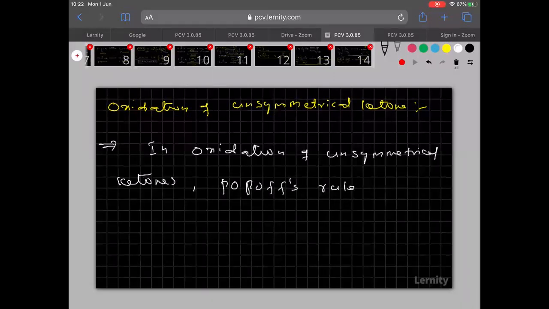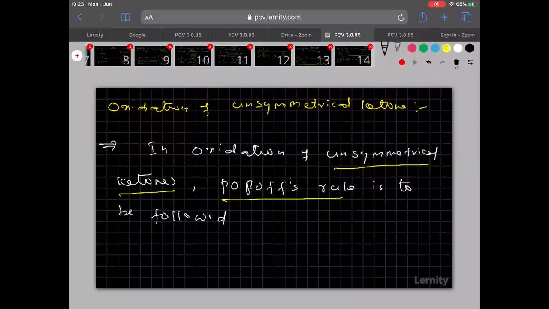Popov is a scientist who proposed one rule. Popov's rule is to be followed. Clear everyone? So what is that rule, I am going to explain now by taking one example. Then we will be doing some questions also.